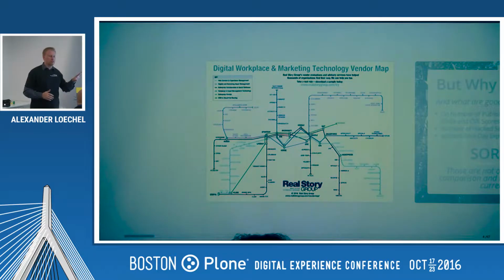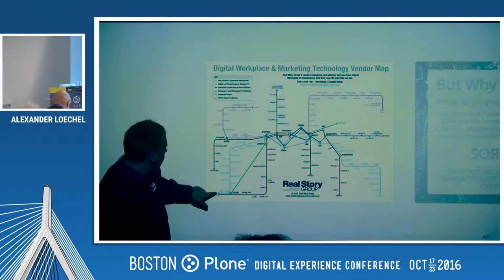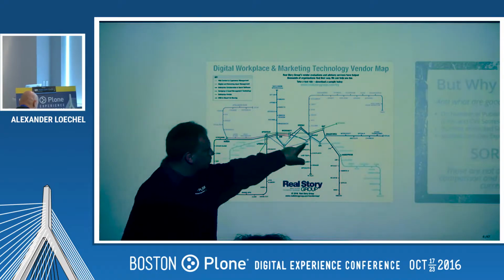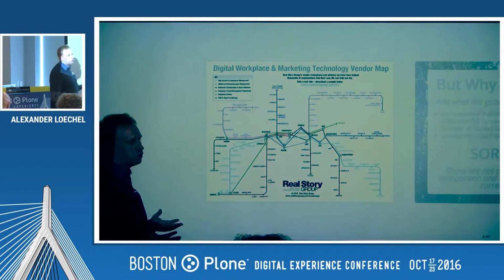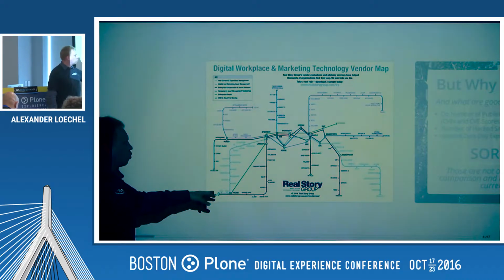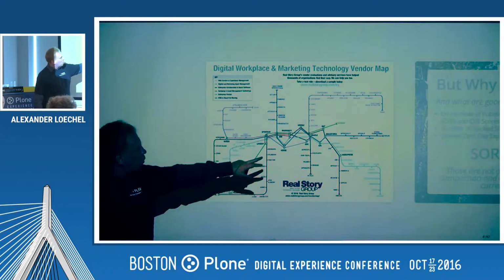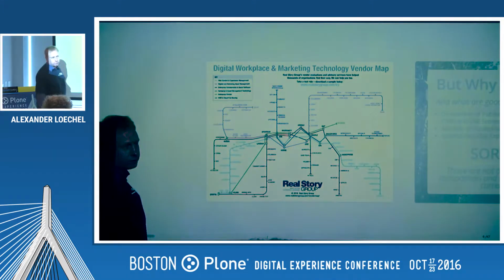Those are the relevant ones. If you look at web content management, that's the light blue line here. We have a lot of systems known in different contexts: Drupal, Plone, TYPO3, WordPress, and all the others.